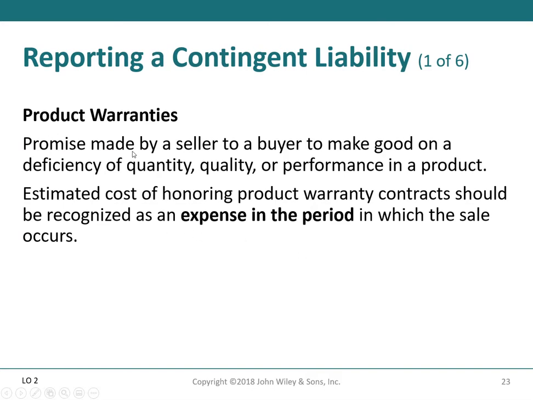So let's talk about product warranties. That's a promise made by the seller to the buyer to make good on a deficiency of quantity, quality, or performance in a product. So if you guys have ever bought a car, usually cars come with warranties, and if something breaks down that's covered by the warranty, they will fix it. Same thing with homes.